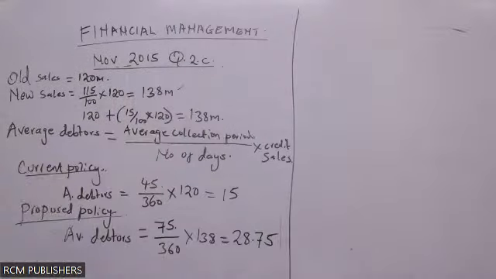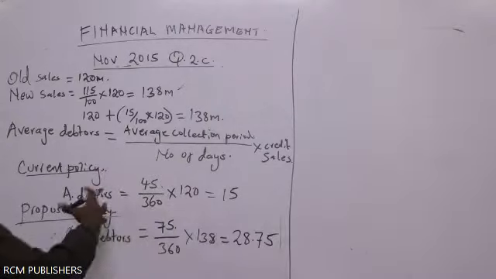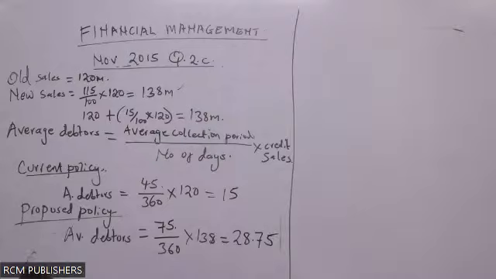Then we have now to determine the opportunity cost. Between the two, ni gani sasa tutaacha tuchukue moja? Opportunity cost. What is our opportunity cost? Tuache moja, tuchukue hiyo ingine. What are we going to read? So the opportunity cost for the first one, for the current policy, itakuwa ngapi?